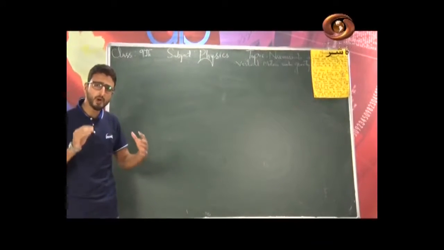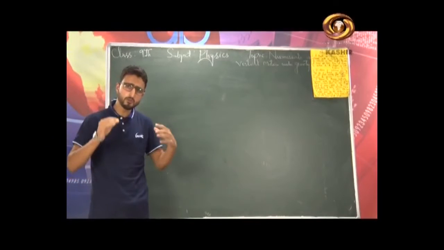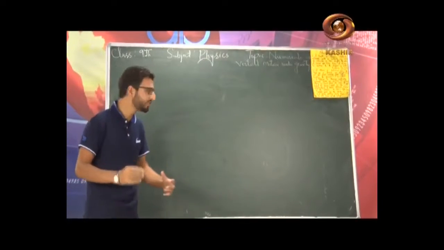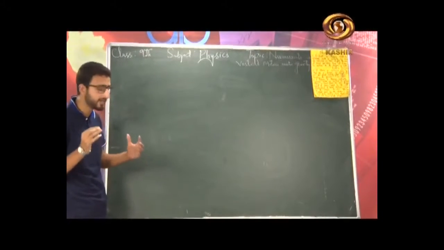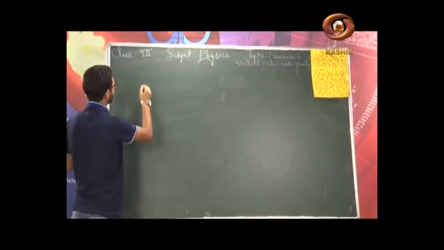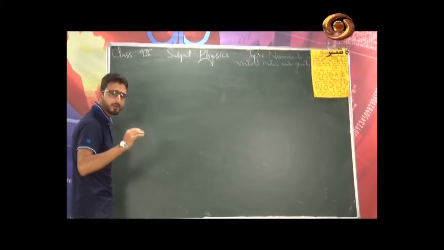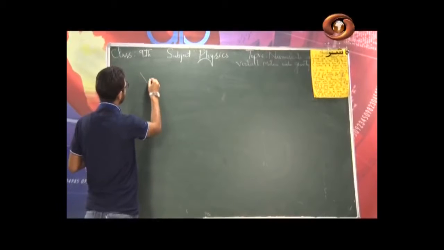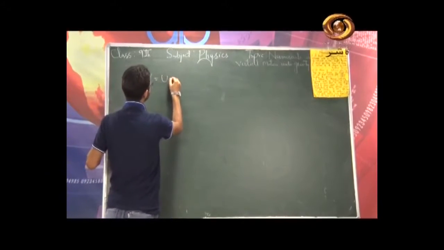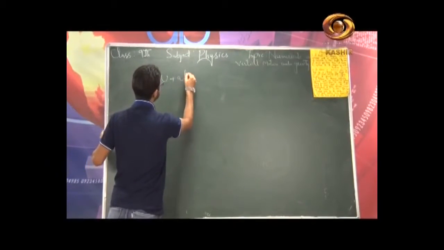We have discussed 5 equations of uniformly accelerated linear motion, and we have applied them to a freely falling body as well. Let me remind you those 5 equations. Number 1 is V is equal to U plus AT.